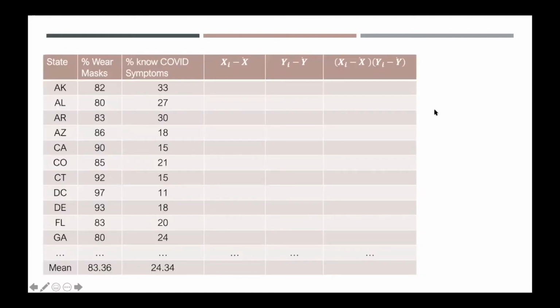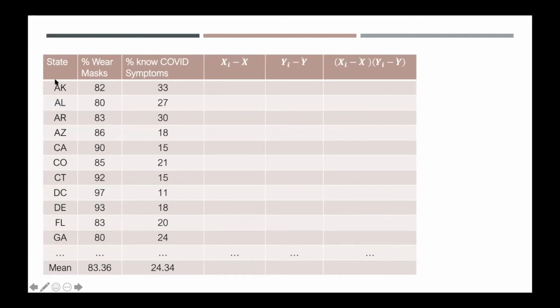So let's walk through some of the data from this survey to see how we can go about calculating a covariance. Now, these aren't all of the data, but I've just reported the first few states from the data set.